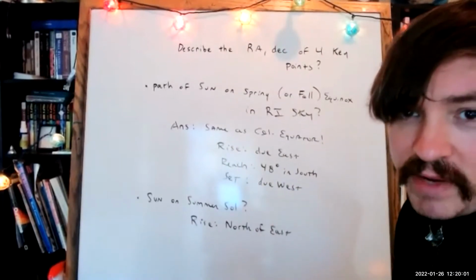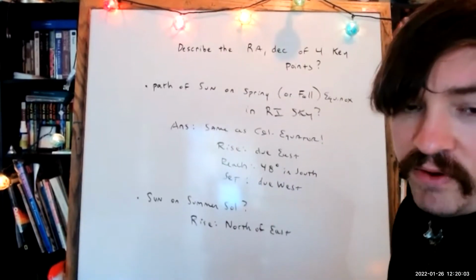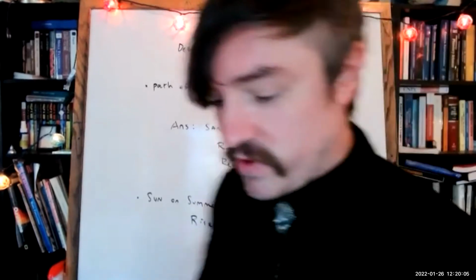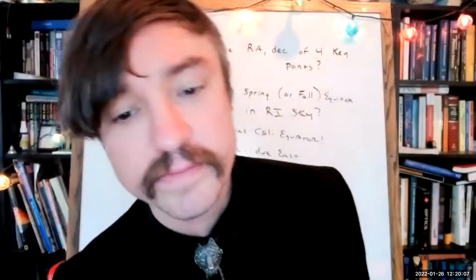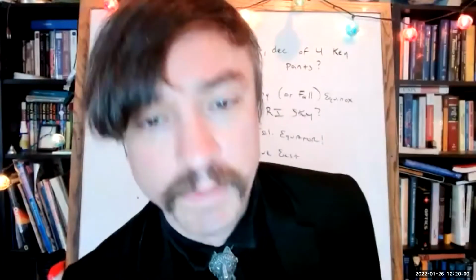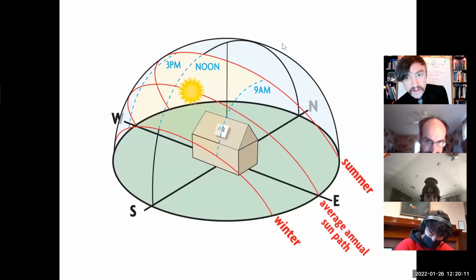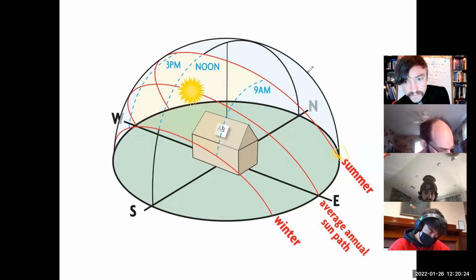We're going to play three-card Monty with vocabulary. What would be the declination of the sun on the summer solstice? 23.5 degrees. Positive 23.5. That's right. The angle between the celestial equator and the sun at maximum is positive 23.5. Very good. So that means on the day of the summer solstice, it would rise north of east.